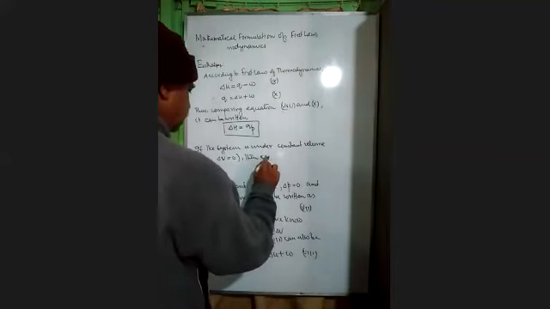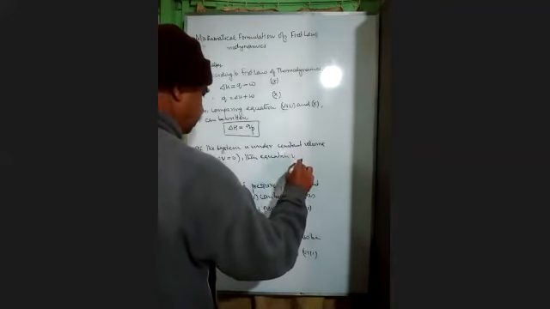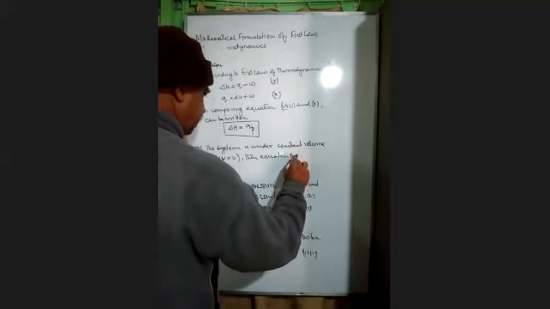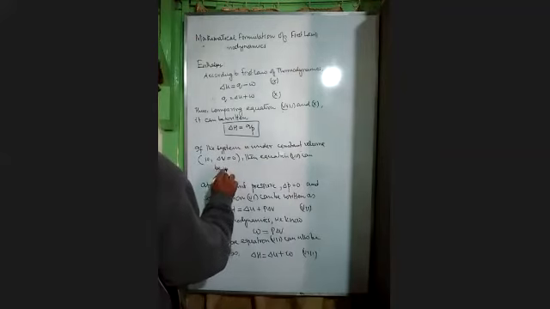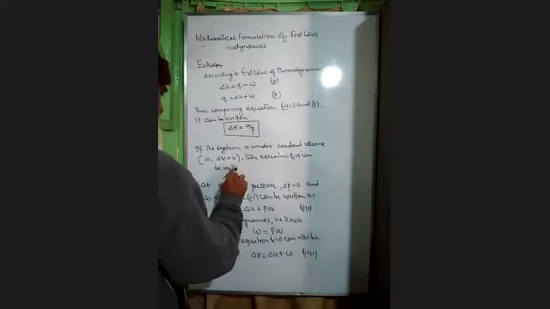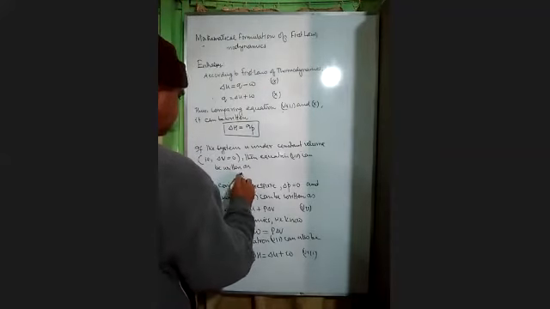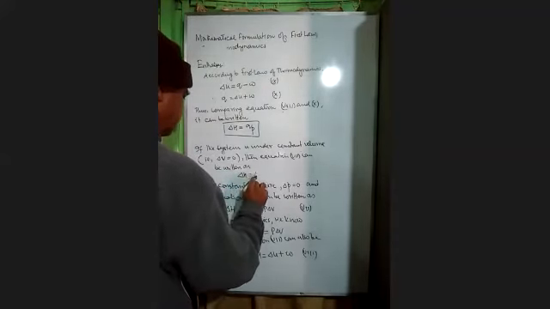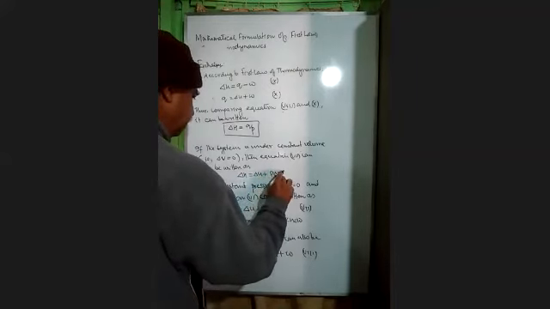Then equation 7 can be written as, suppose it is equation 7, we know delta H is equal to delta U plus P into delta V.